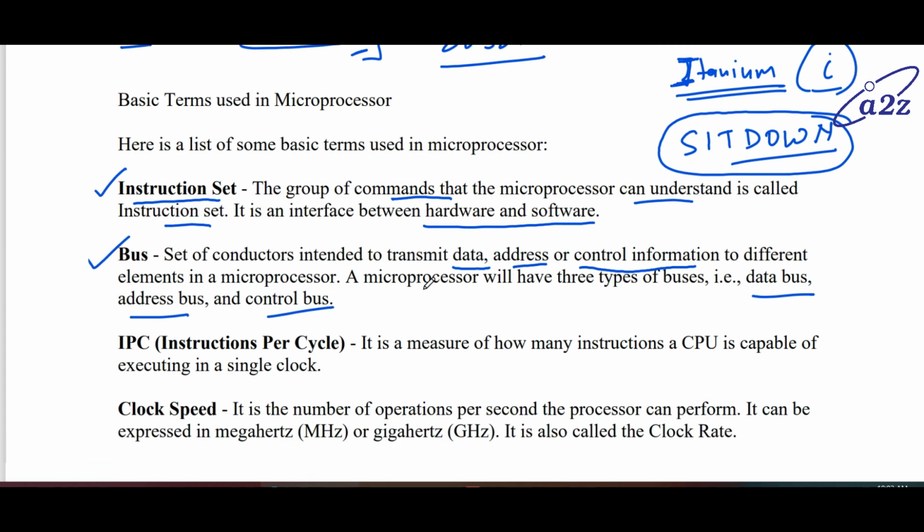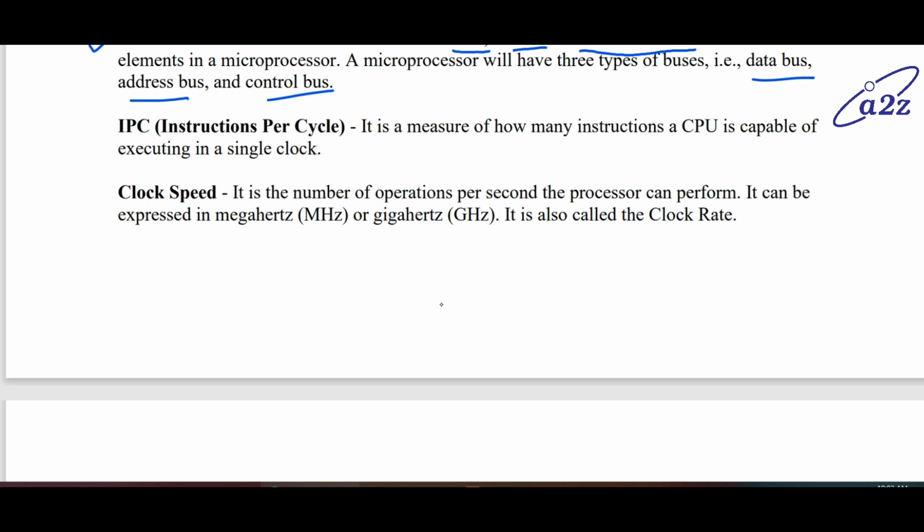Next is instructions per cycle. Cycle refers to the time, or we can say per unit of time. To be very specific, per unit of time. Maybe 1 minute, 1 second, 1 hour.